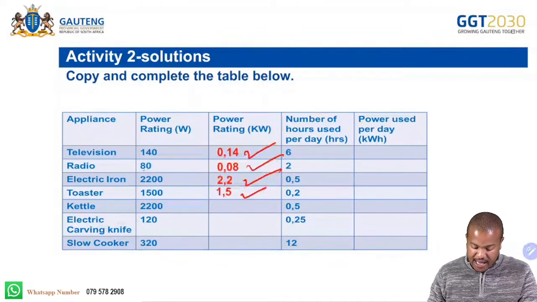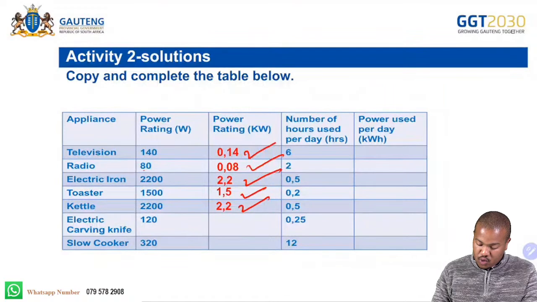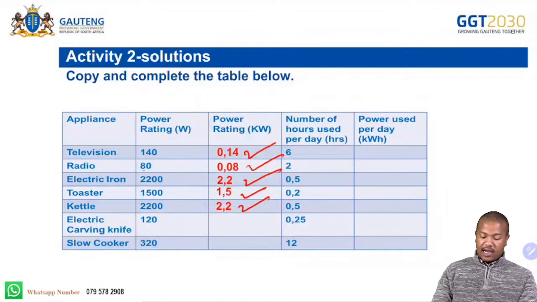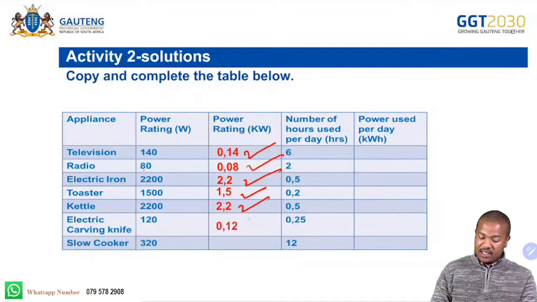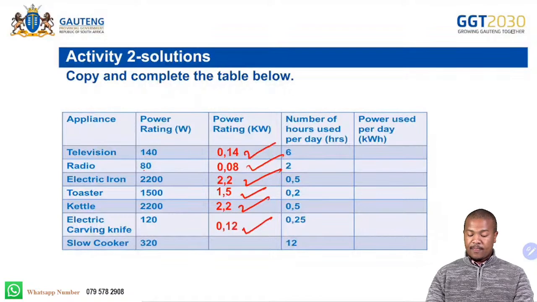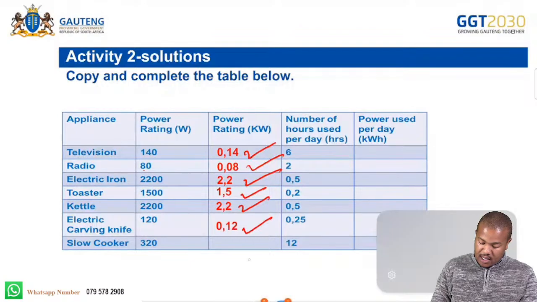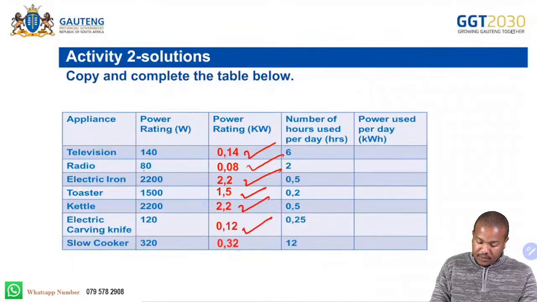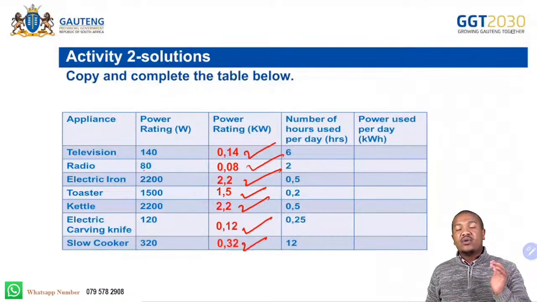Then the kettle has 2,200 watts, so in kilowatts, it is 2.2 kilowatts. Electric carving knife is 120 watts, so in kilowatts, it is 0.12 kilowatts. Then the slow cooker is 320 watts, which is 0.32 kilowatts.